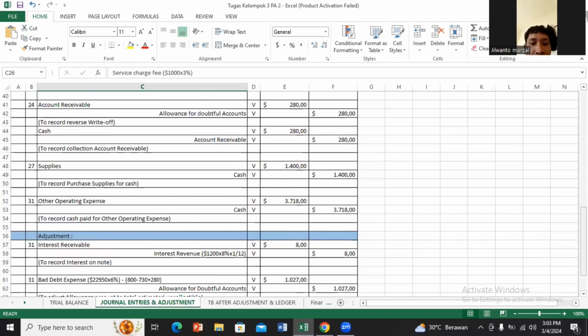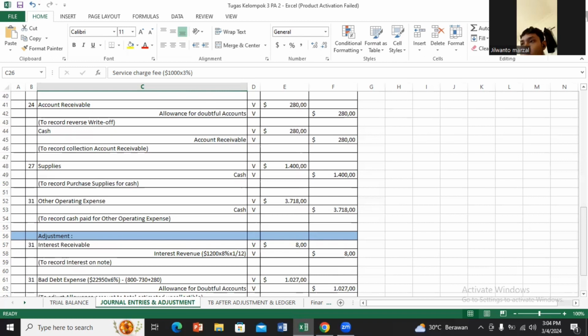In this adjustment data, first, interest is recorded for the month on the note from January 1. So our note from January 1 is $1,200. We have its percentage of 8%, and we must find out the percentage for one month.